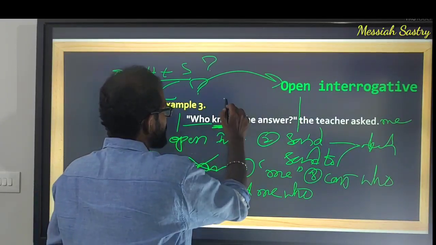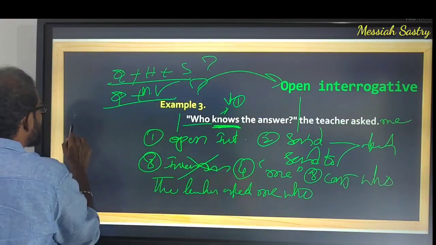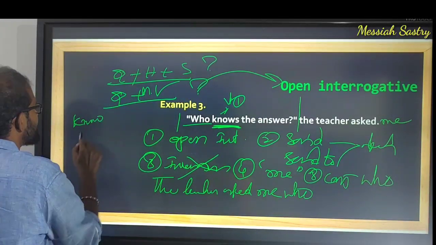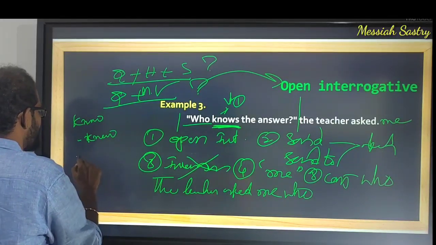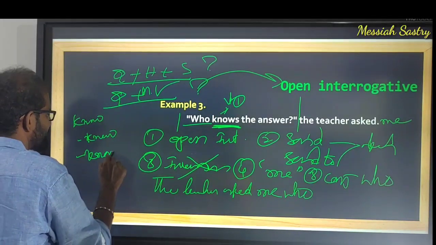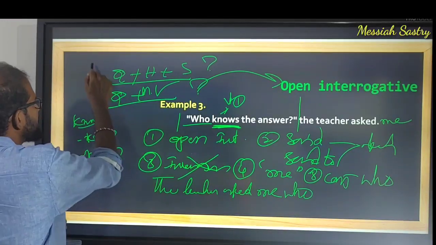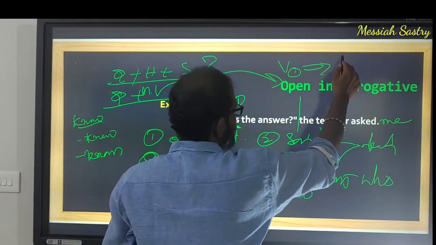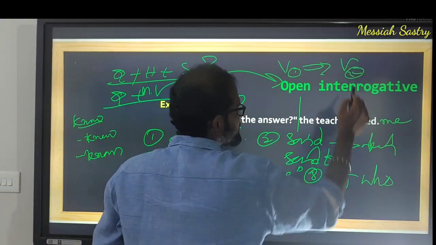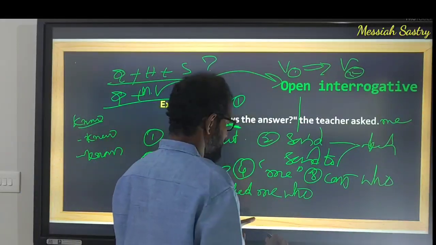And knows is V1. What are the three forms of know? Know, knew, known. These are the three forms. V1 changes to V2. Change of tense form.